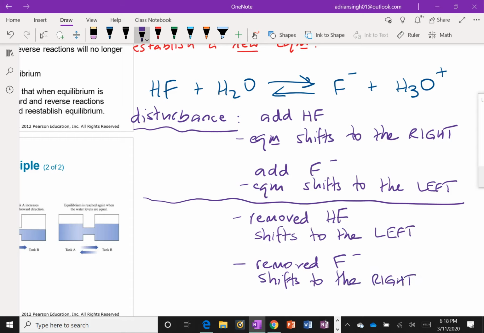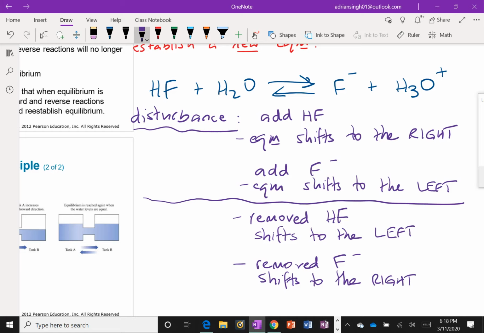So with a system that is at equilibrium, we can disturb it, we can perturb it by taking away a reactant or a product, or by adding more of a reactant or a product to force the equilibrium in one direction or another. So for example, if I wanted to make lots and lots of F minus, that means I want my equilibrium to go that way.